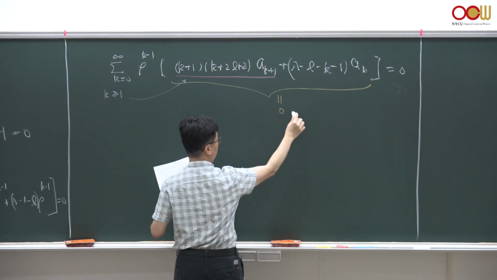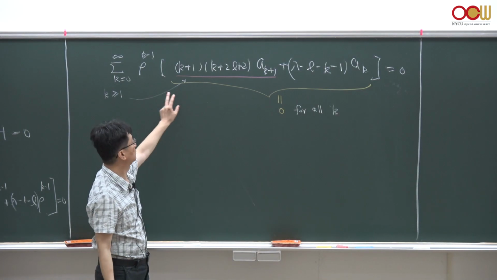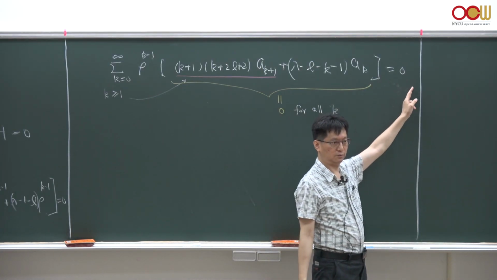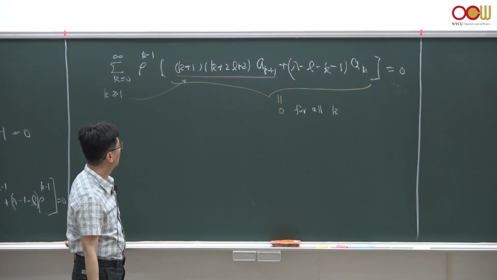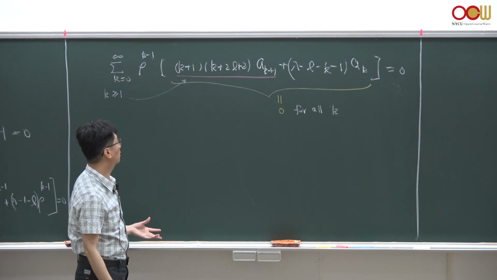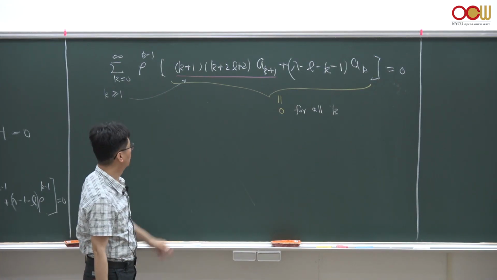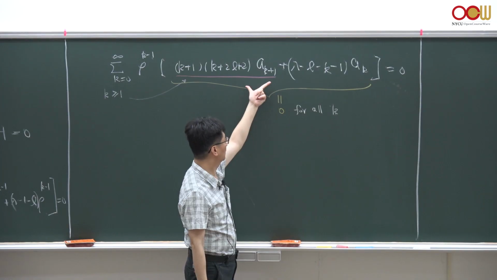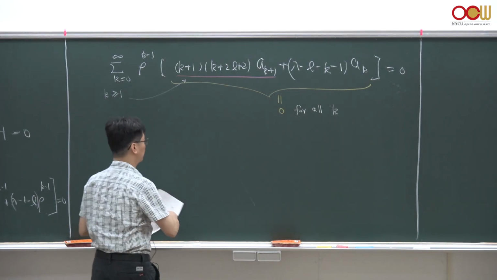This must vanish for all k, because otherwise, if you get any finite terms for any k, the right-hand side will not be 0. So the 0 is a very, very strong constraint on all the terms in this polynomial. In other words, all the coefficients on the left-hand side of this polynomial should vanish, which means that the coefficient of a of k and a of k plus 1 should be 0 for all the k's.